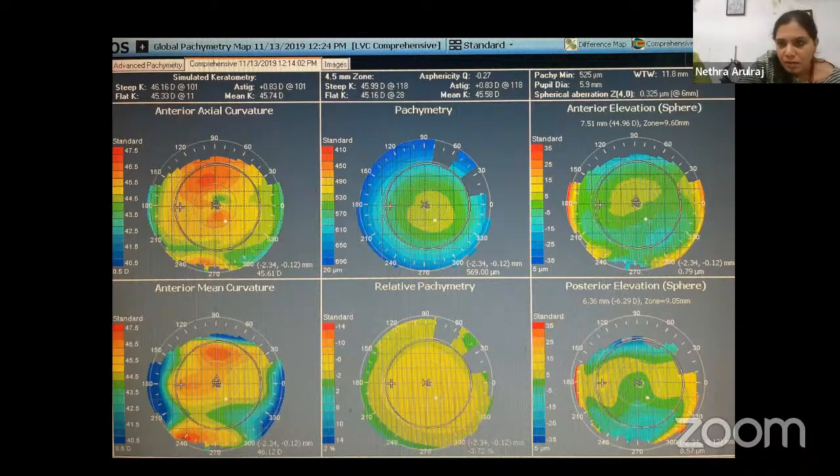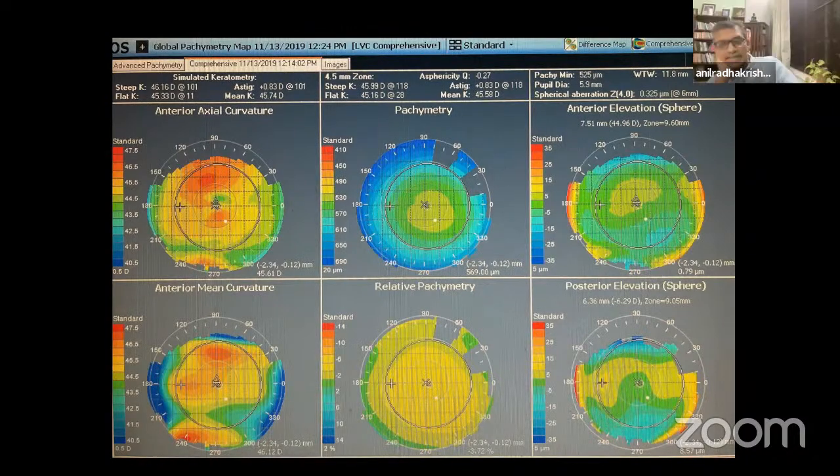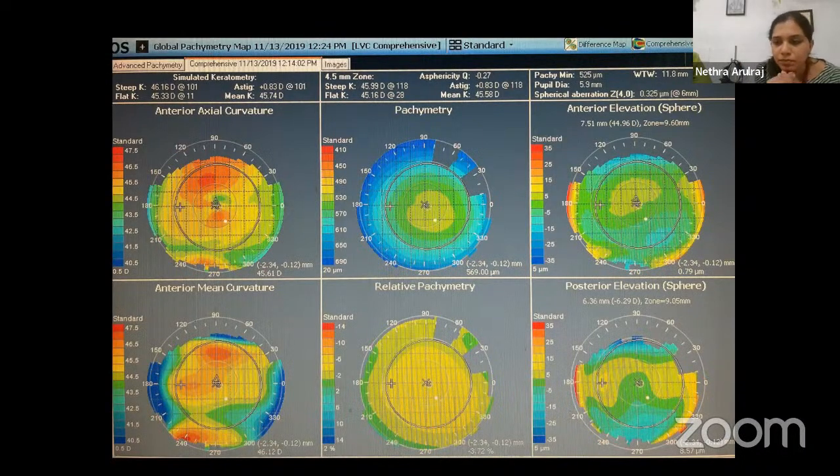The anterior elevation shows around 5, and the posterior elevation around 15 at the steepest. In the central 3 millimeter, it's normal, within 0 to 5.